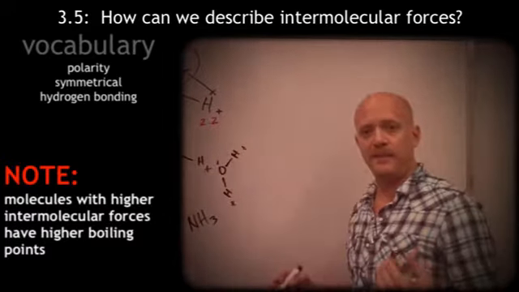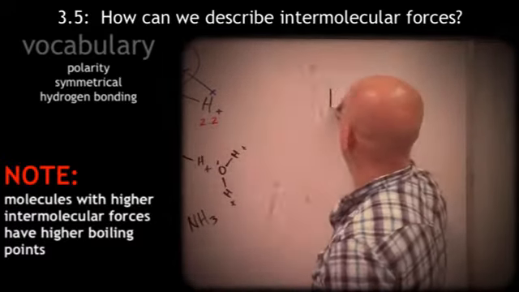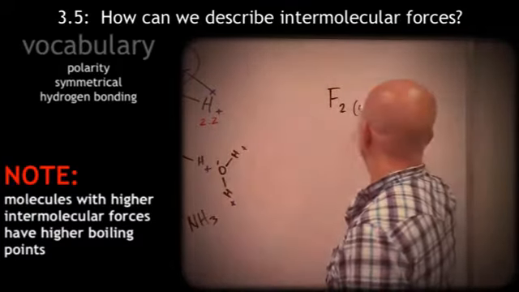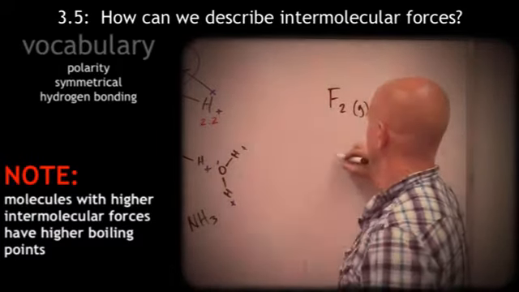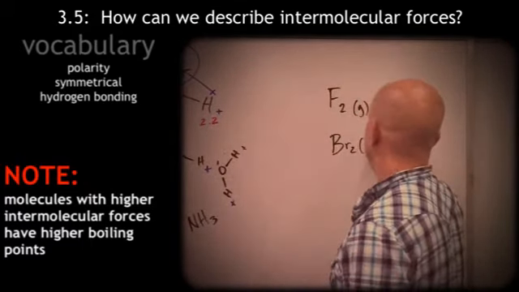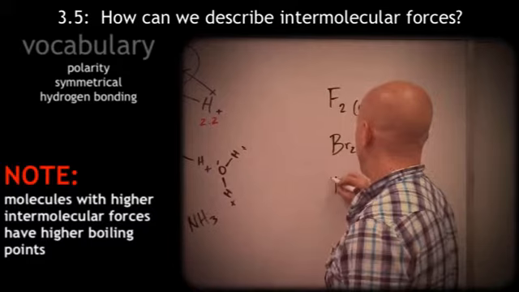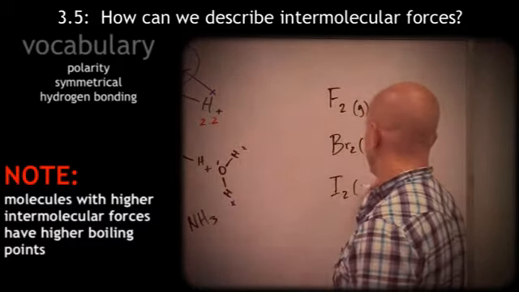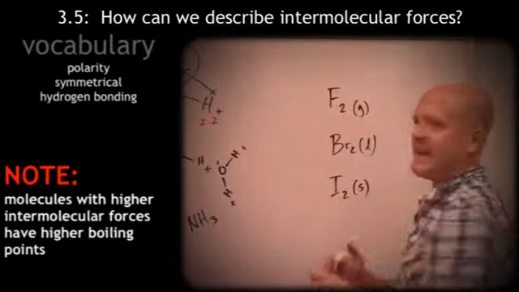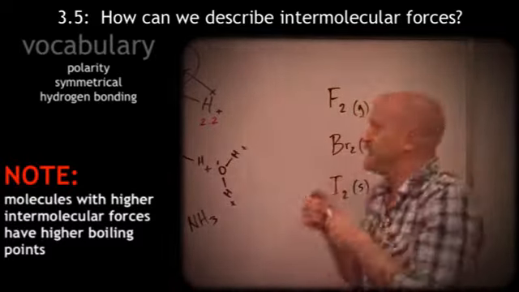If we're looking at boiling points, for example, fluorine at room temperature is a gas. Bromine at room temperature is a liquid, and iodine at room temperature is a solid. Because fluorine is a gas, the particles are not sticking to each other.